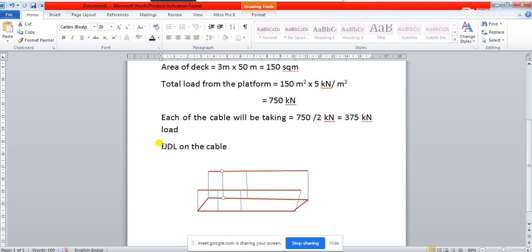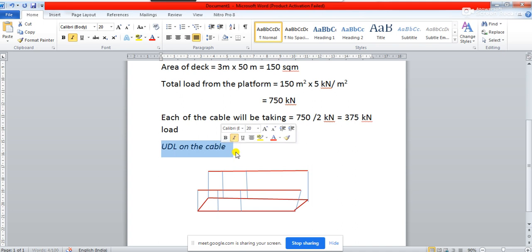So if you consider this as UDL, then what will be the UDL on the cable? The UDL on the cable is nothing but your small w, and what will it be?